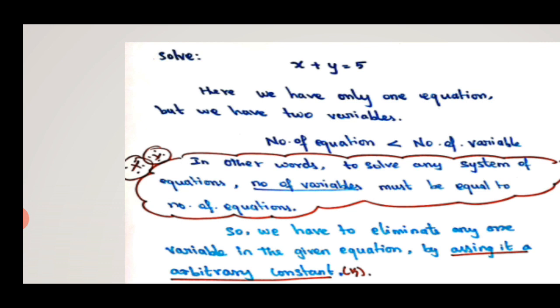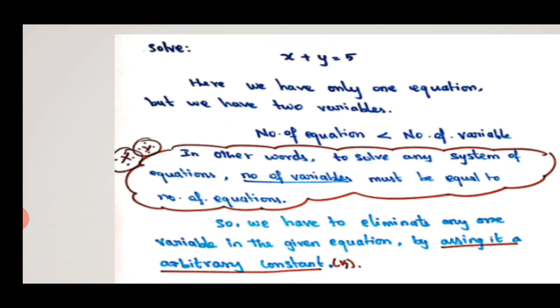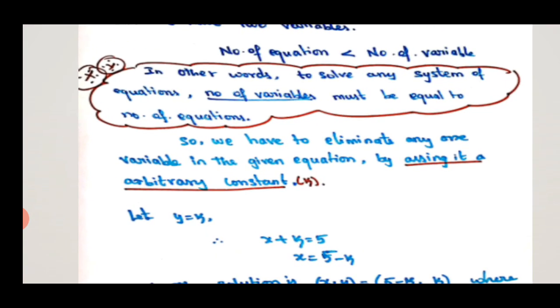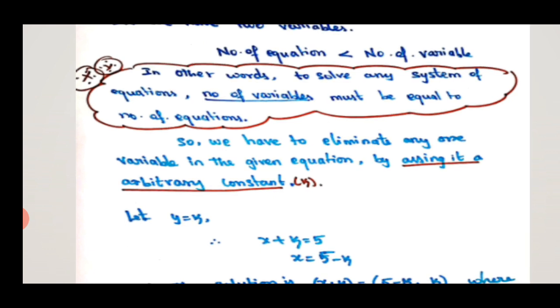Here the number of variables is 2, and the number of equations is 1. Actually the number of equations and the number of variables must be equal. If the count is equal, then only you can solve. So here we have one equation but two variables, so the number of equations is less than the number of variables, and you cannot solve the given sum directly.